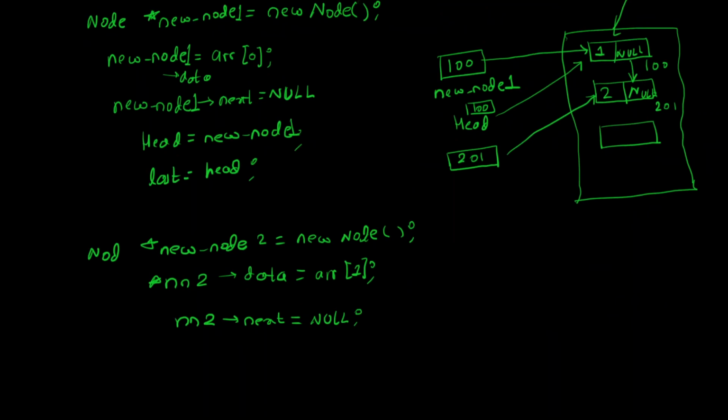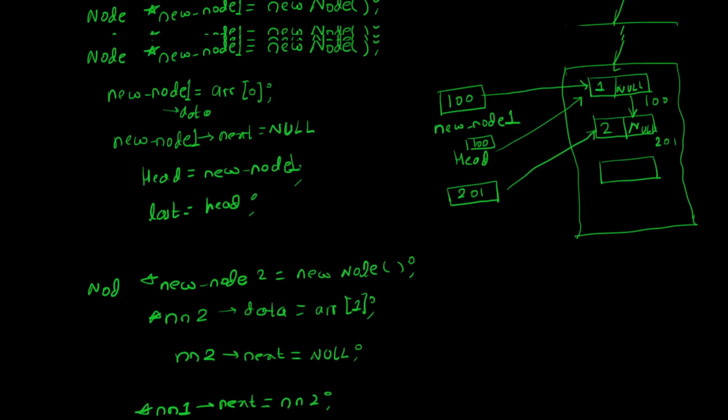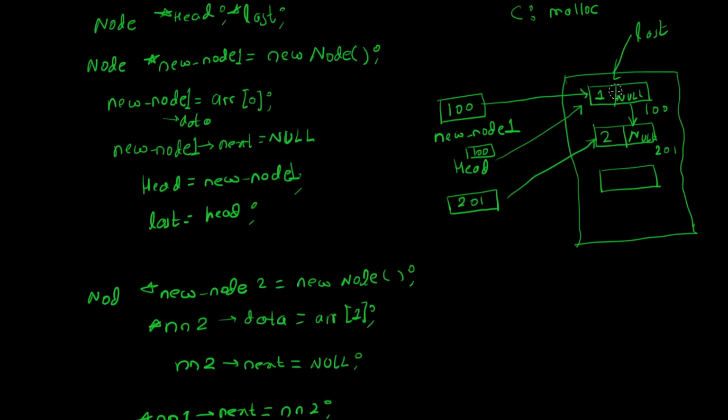So for that we will do nn1 next should point to nn2. That's simple. So now this is not going to store null, it'll actually store the address of the second node, which will be 201. So we have made a link.